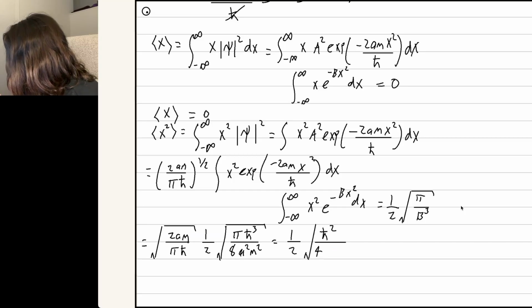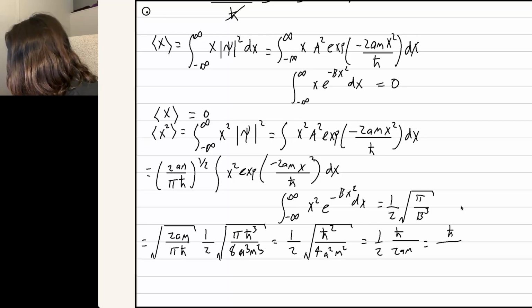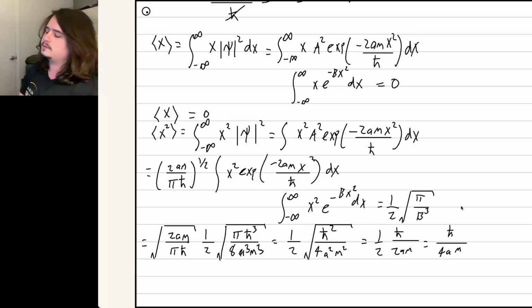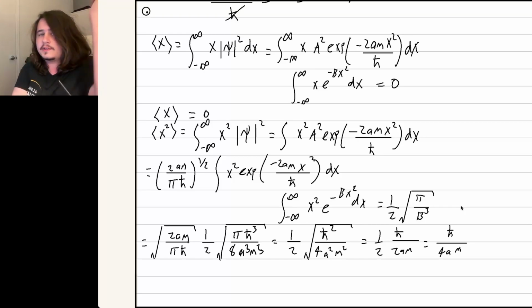These are both cubed as well, so you'll have an a squared and an m squared in there. So you have 1/2 h bar over 2am, which is h bar over 4am. Nice. That's the expectation value of position squared.